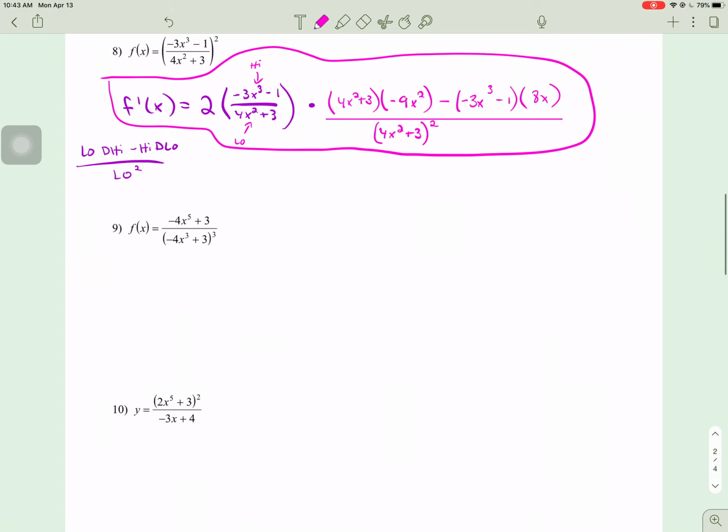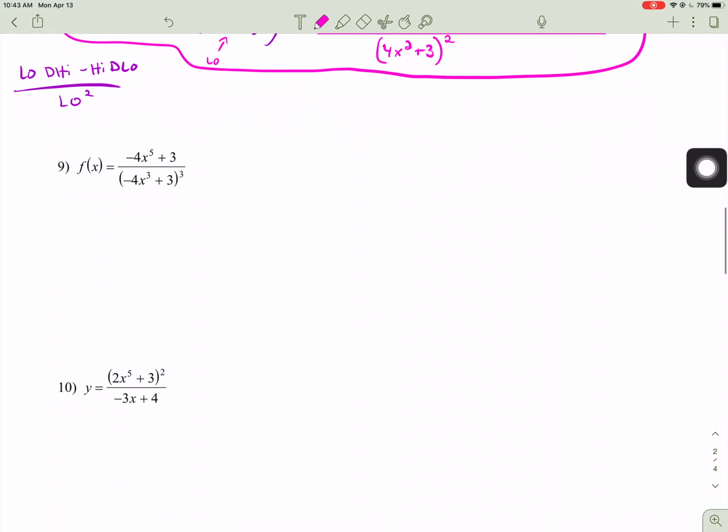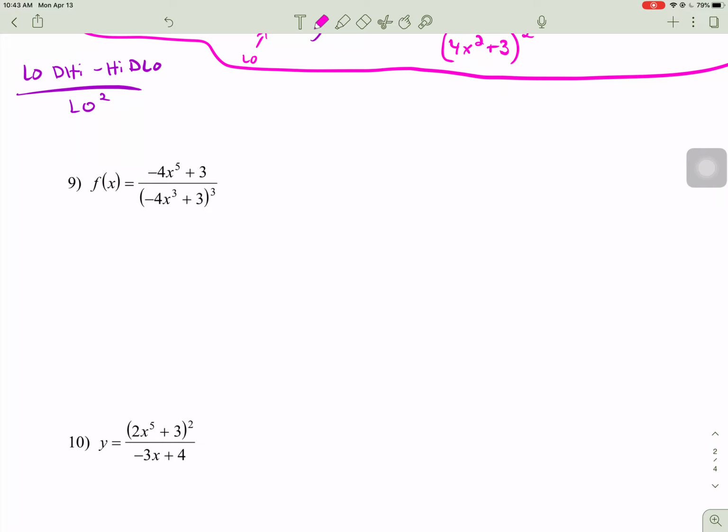All right. Number 9 is a quotient rule, where in the denominator, if you want to find the derivative, you have to do the chain rule. So I'll try 9 with you guys, and you guys can do 10, and that'll be the sheet. So number 9. Let's call this high. Let's call this whole thing low.